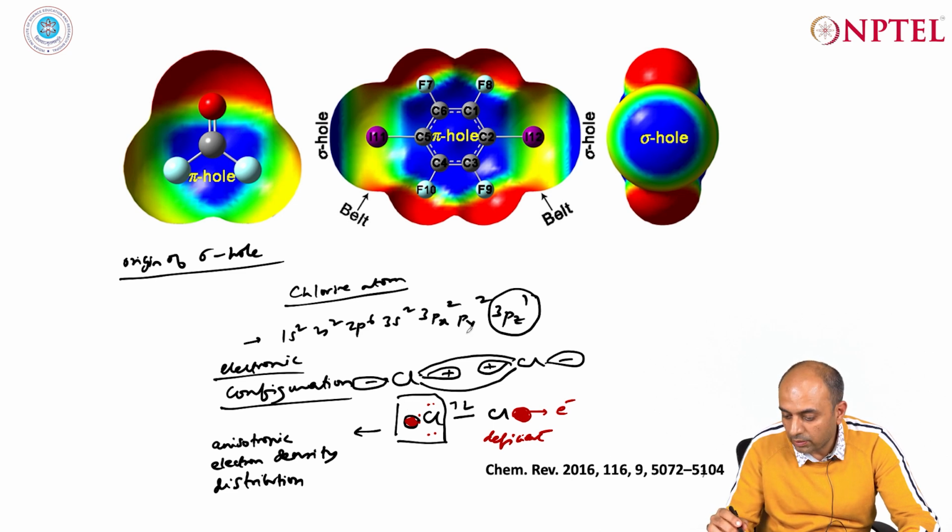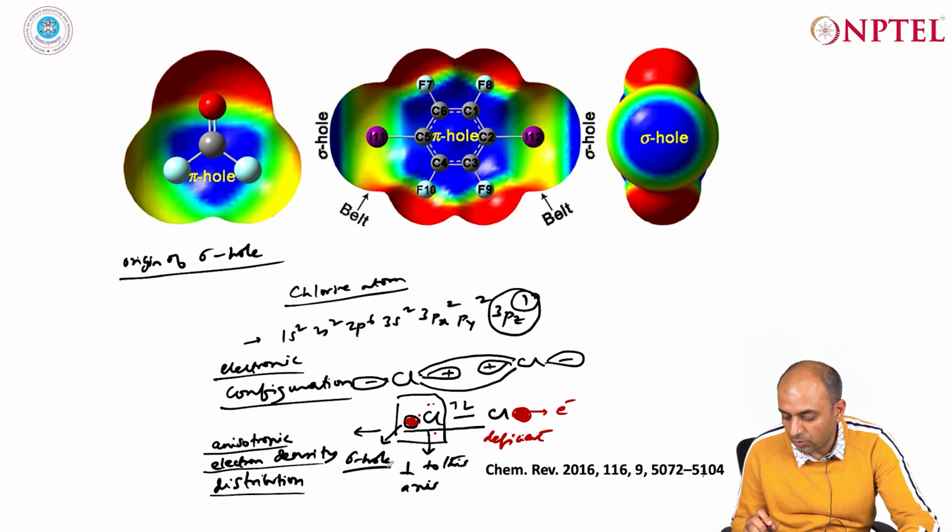So, each atom has octet configuration. There are 3 lone pairs of electrons. The lone pairs of electrons are now present in a region which is perpendicular to the Cl-Cl bond axis. So, see this is the bond axis, and the electrons corresponding to the lone pairs are present perpendicular to this axis. This leads to an anisotropic electron density distribution, and this electron deficient region, which is now generated because of the pull of this 3pz electron which participates in covalent bond formation, is what is termed as the sigma hole.